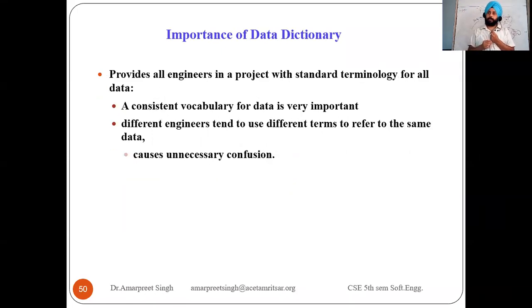It is very important because it provides all engineers in a project with the standard terminology for all the data. A consistent vocabulary for data is used. Different engineers tend to use different terms, but if the data dictionary is present, it provides the common standard terminology for all the data items to all the different engineers, and it will prevent any confusion.